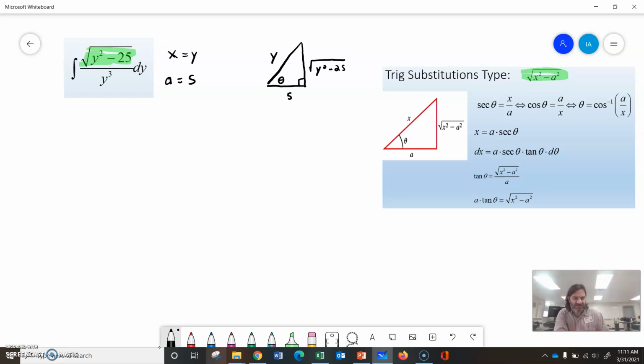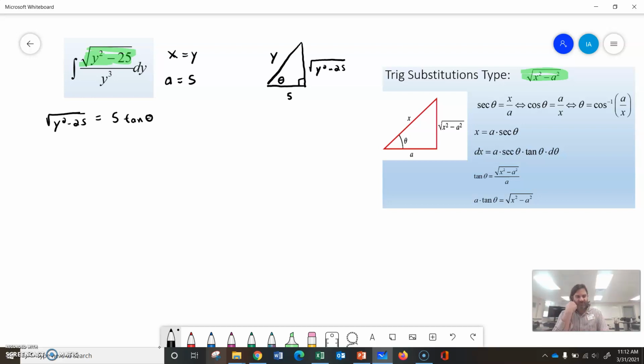So while we've got this stuff in here, what do we need to replace? We need to replace this square root. So down here we see that that square root is going to be replaced with 5 tangent. So the square root of y squared minus 25 we'll replace with 5 tangent of theta.